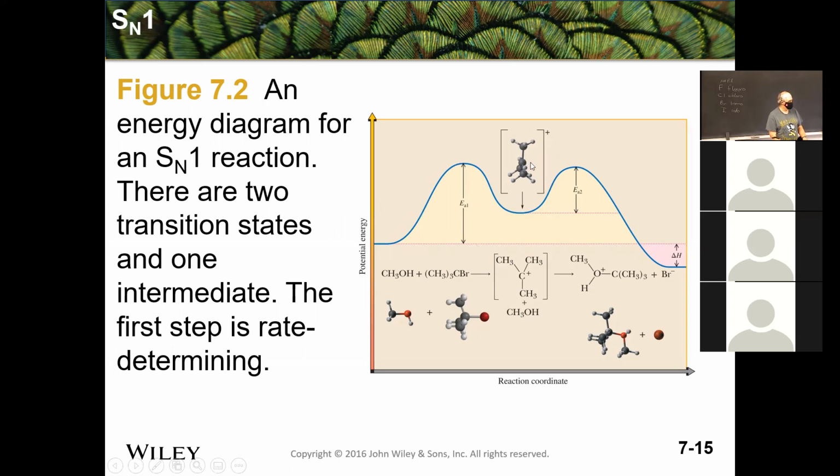We form the intermediates, the carbocation and the bromide. And then the second step is the fast step where the nucleophile attacks and we go on to products. Okay, so this one has an intermediate that has two transition states.